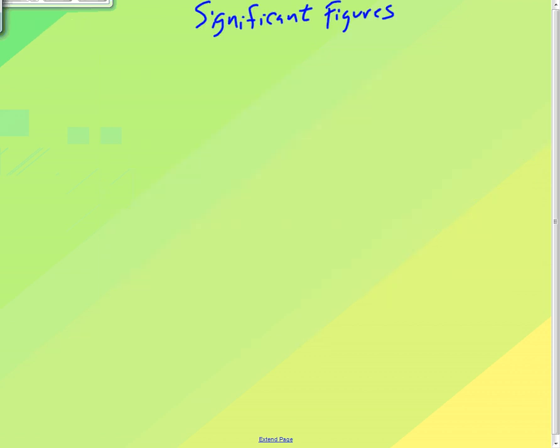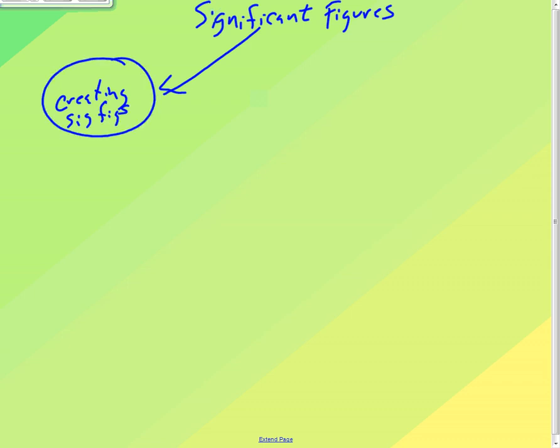Significant figures. I like to break up significant figures into two ideas. We have when you're making them, so I would say creating sig figs. And the other is when someone else has already made them.